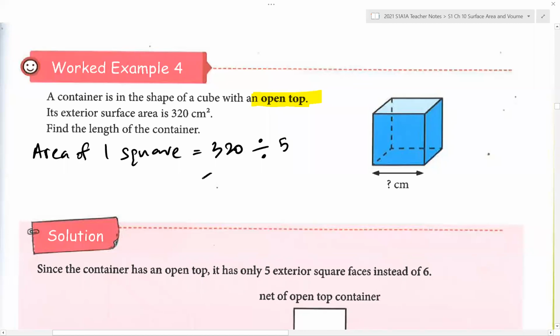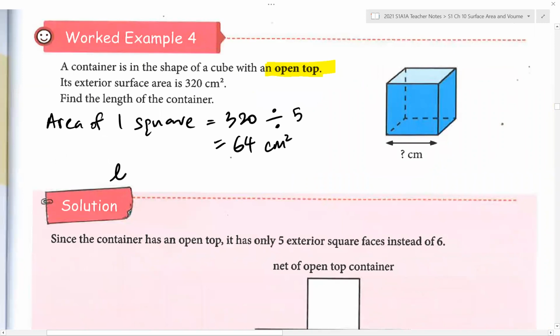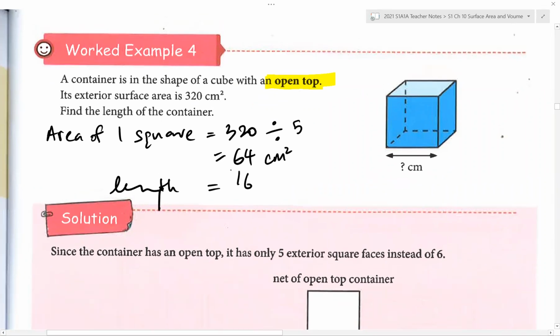Good. So 320 divided by 5, we get 64. Area for one square is 64 square centimeters. Then the length. Okay, Nazreen, what should we do with the 64? Very good. Square root 64 to give us 8 cm.